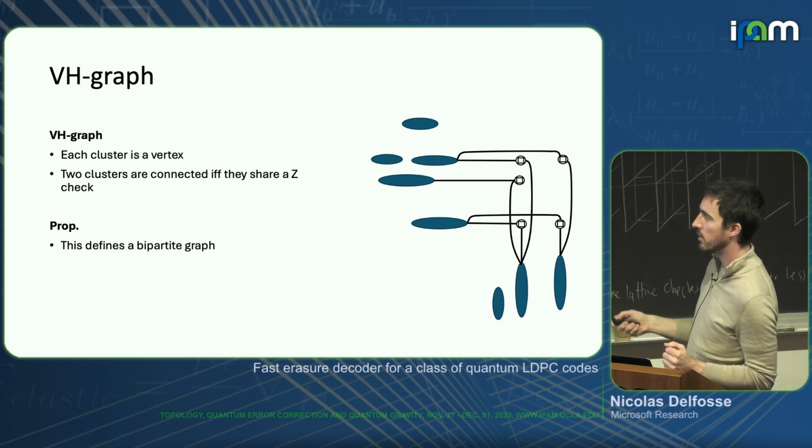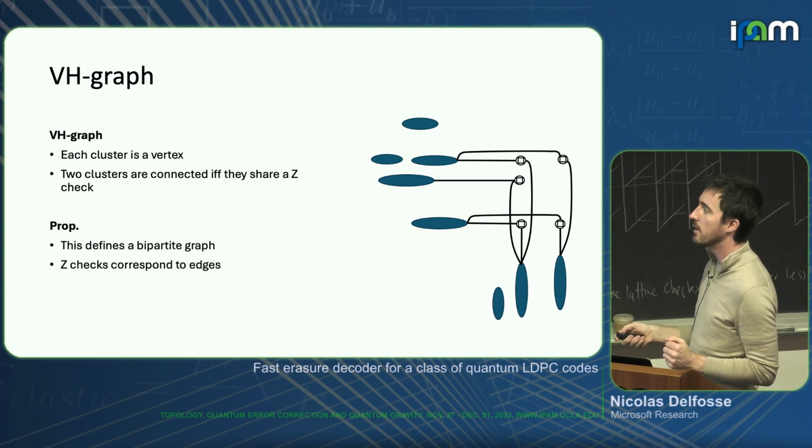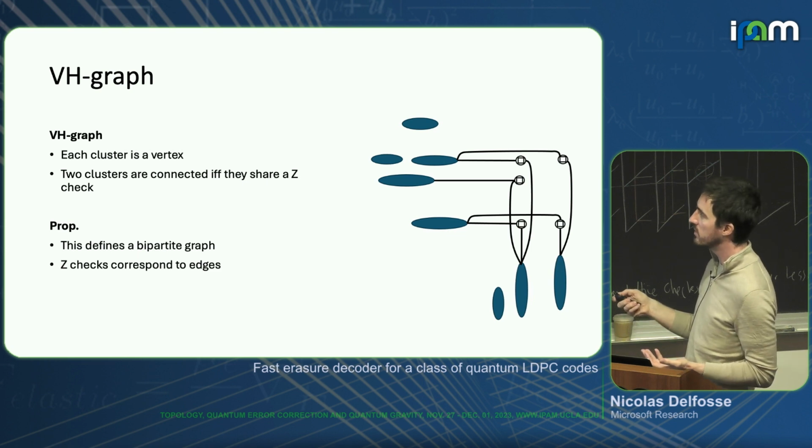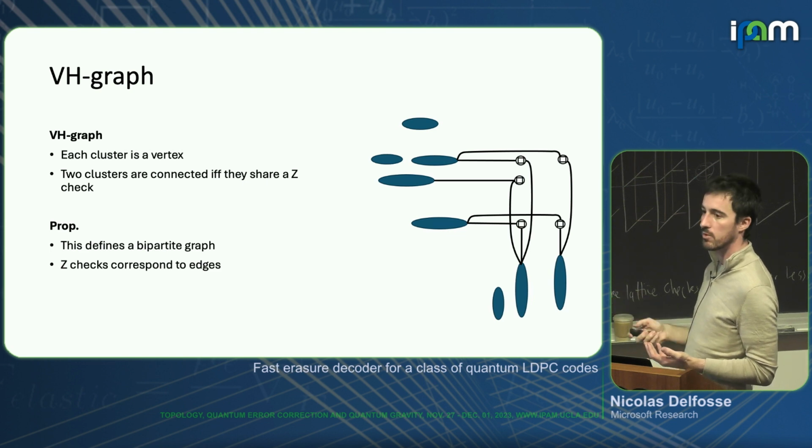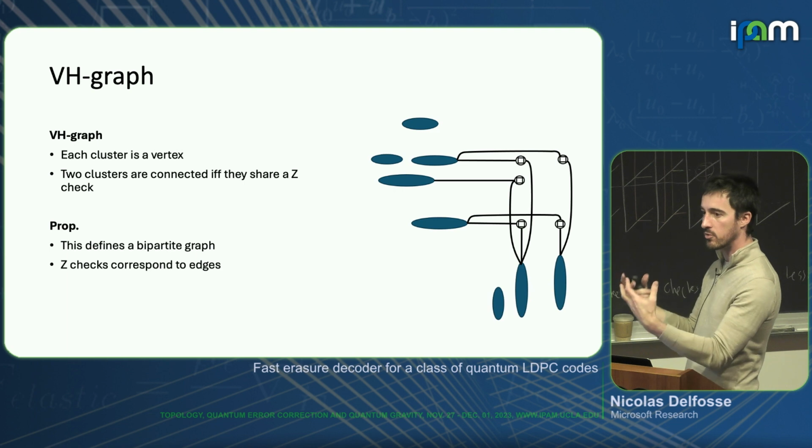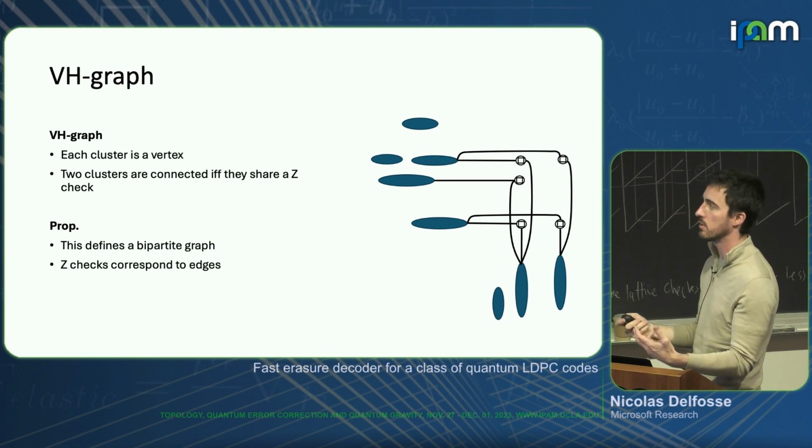You have connections between those and those only. And the Z checks are edges. You see that each Z check connects one horizontal and one vertical cluster only. So it's really an edge. You can remove this symbol, and it's an edge connecting 2 clusters. So there is really a graph structure on top of these clusters.